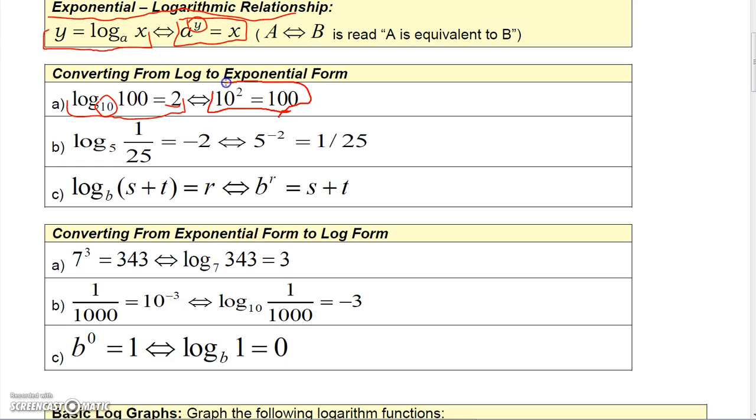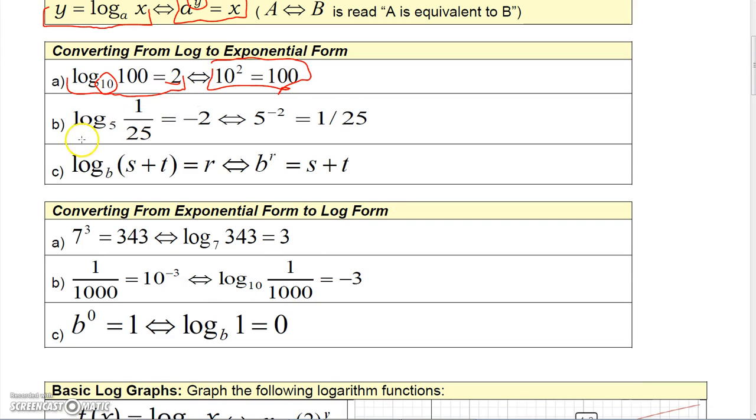And of course you know 10 squared does equal 100. If I were to say that the log of 1/25 base 5 is negative 2, that would be equivalent to saying that 5 to the negative 2 is equal to 1/25. So the first two there, they make sense once you see it in exponential form.